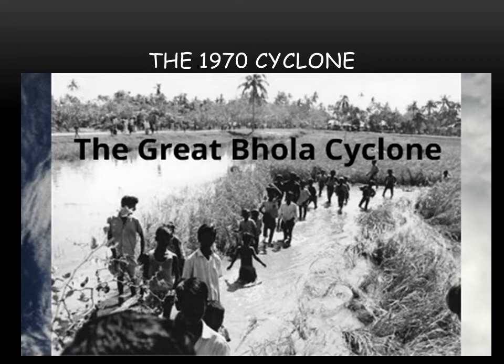The 1970 cyclone was named the Great Bhola Cyclone. The 1970 Bhola cyclone remains the deadliest tropical cyclone ever recorded and one of the deadliest natural disasters. At least 500,000 people lost their lives in the storm, primarily as a result of the storm surge that flooded much of the low lying islands of the Ganges Delta.